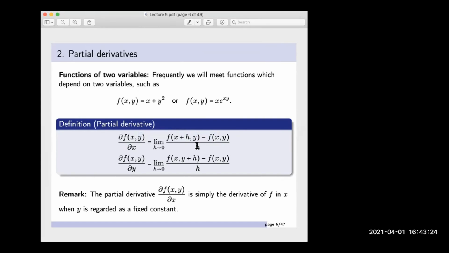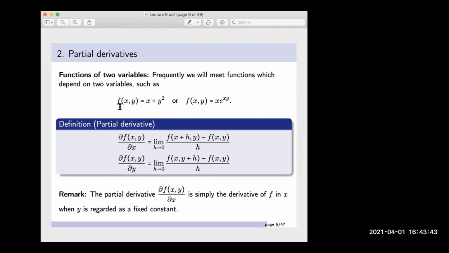Therefore, when the x variable changes, the rate of change represents the partial derivative in x. Similarly, when you take a derivative in y, you consider x to be a constant, only letting variable y change. This rate of change is called the partial derivative in y.